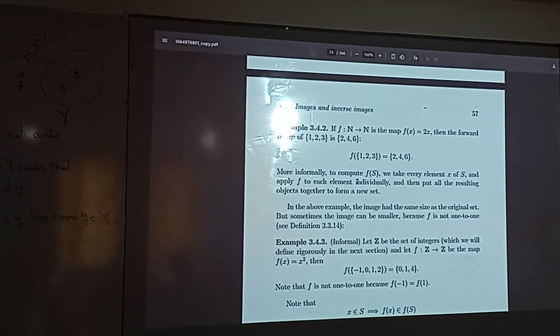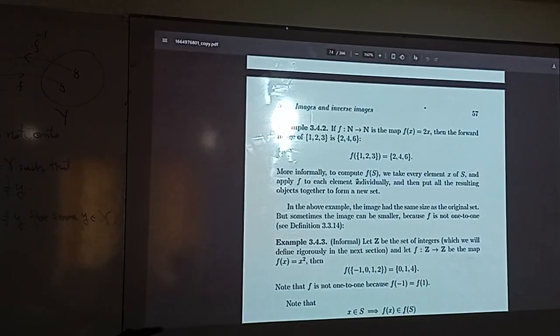In the above example, the image had the same size as the original set, but sometimes the image can be smaller because f is not 1 to 1. Here he has the function f(x) equals x squared. If you take minus 1, 0, 1, 2, it has 4 elements.